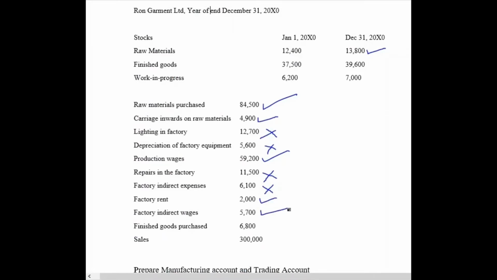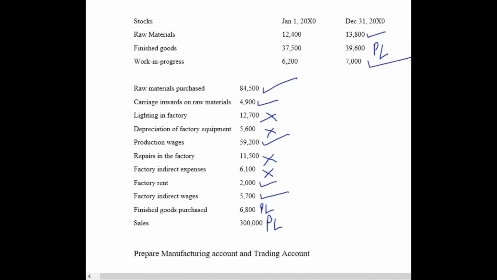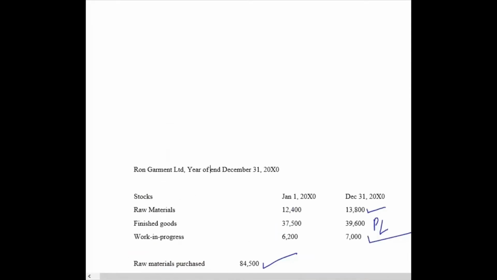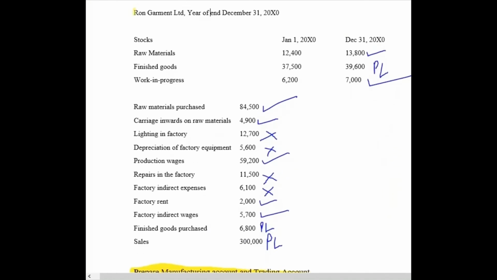Alright, so I am putting a tick beside the items that belong to the manufacturing account. I am putting an X beside factory overheads that belong in the manufacturing account as well, and I am putting PL beside the items that I will put in the income statement, also known as the profit and loss account, or the trading account rather.